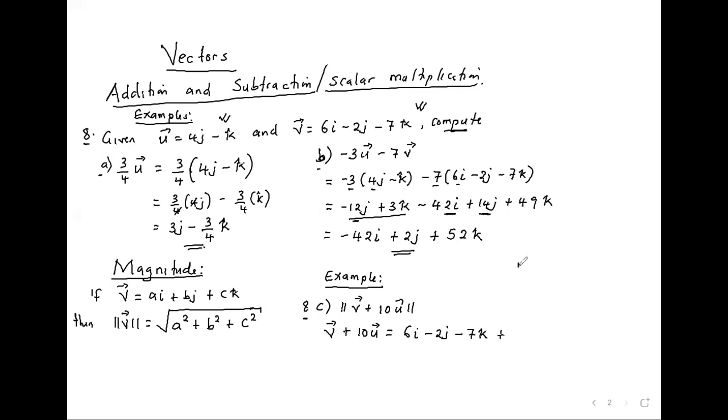When you see these lines, it means the magnitude of v plus 10u. Now for us to find that magnitude, we first need to find v plus 10u as a vector. And where is this 6i minus 2j minus 7k coming from?